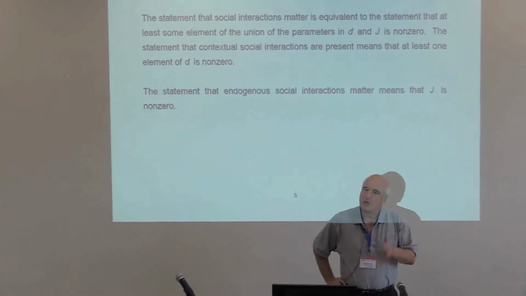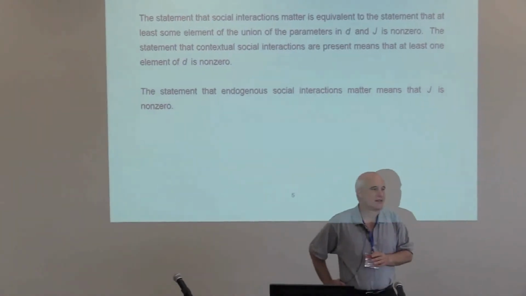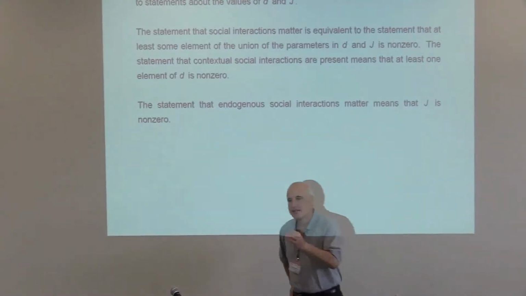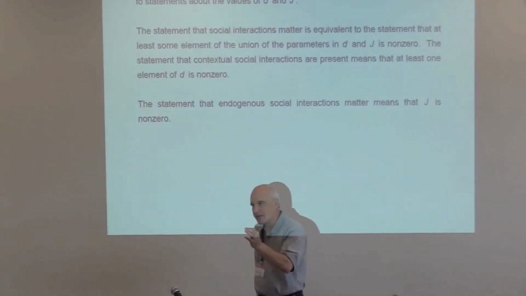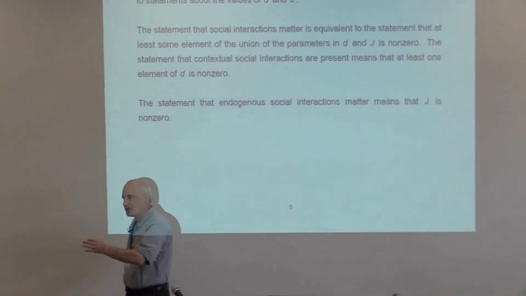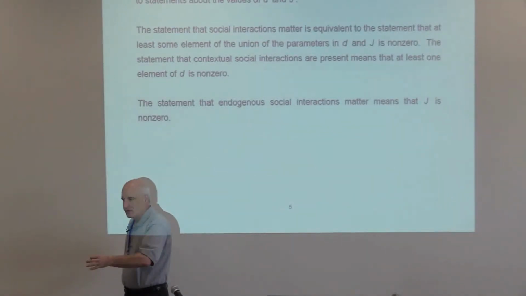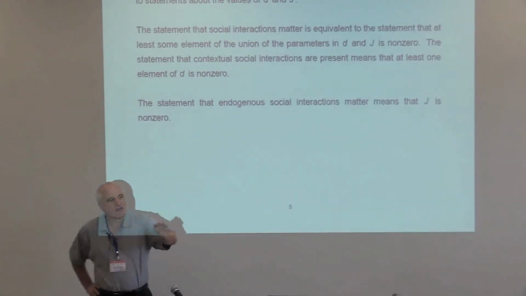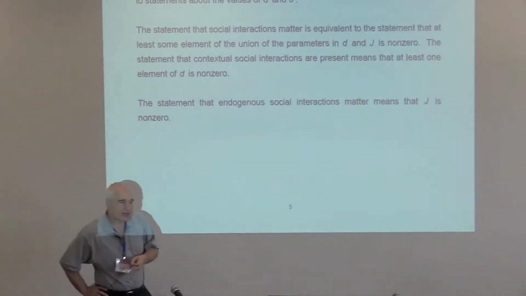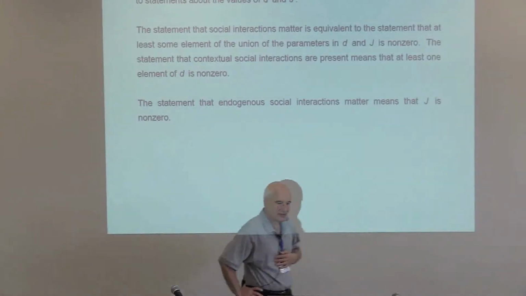All right. That said, one of the important dichotomies in the literature is the distinction between D and J. D is the set of parameters, the invariant objects that link characteristics of the people in a social structure to each individual. So that's the idea that the average parental income has an effect on me. And so that's often called a contextual effect.